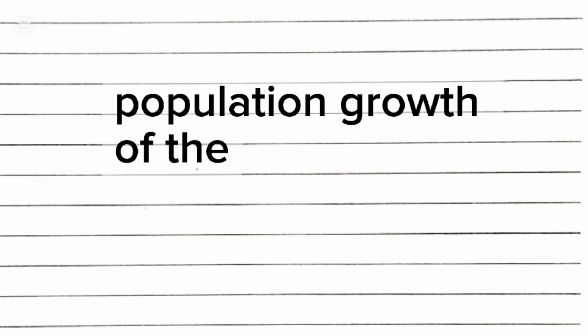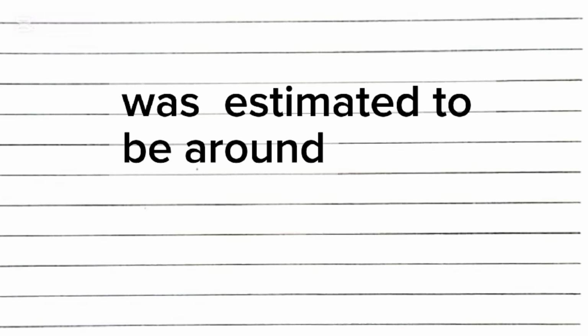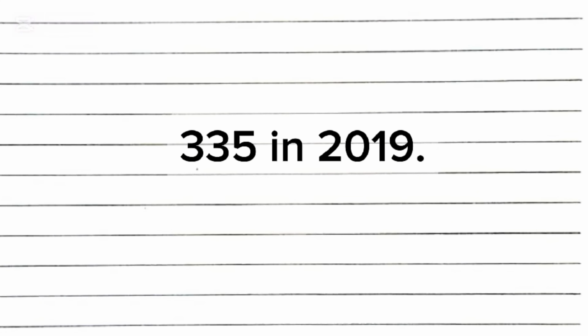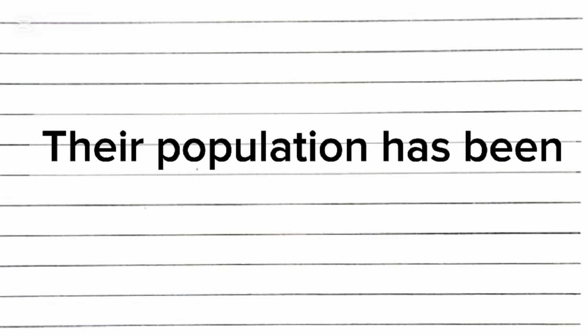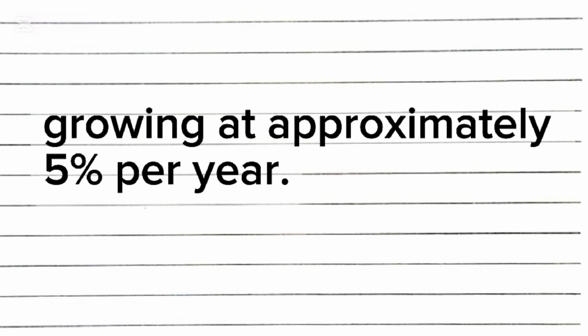Now, let's try to solve the equation. Here's the problem. We want to analyze the population growth of the red-vented cockatoo, which was estimated to be around 335 in 2019. Their population has been growing at approximately 5% per year.